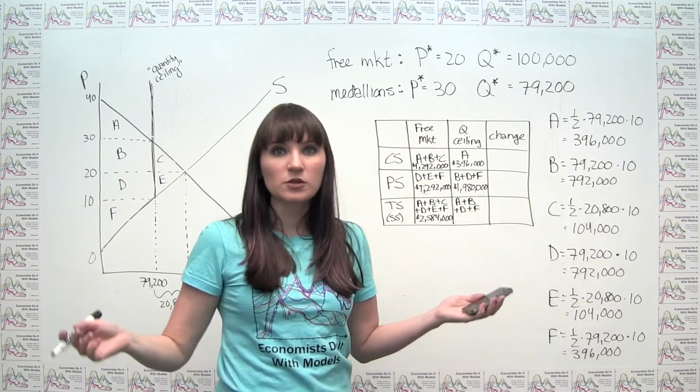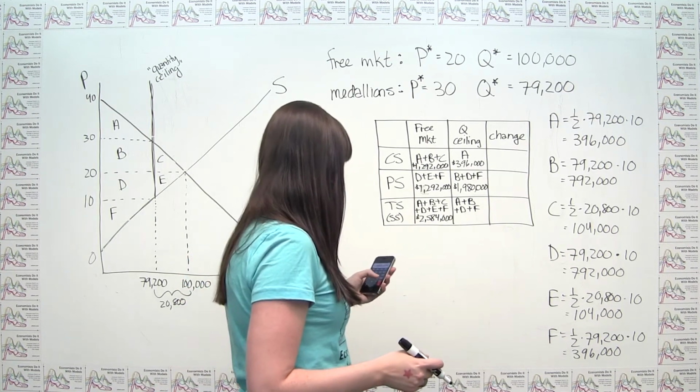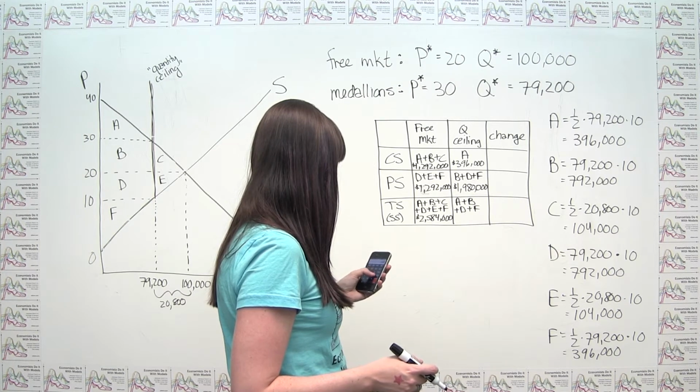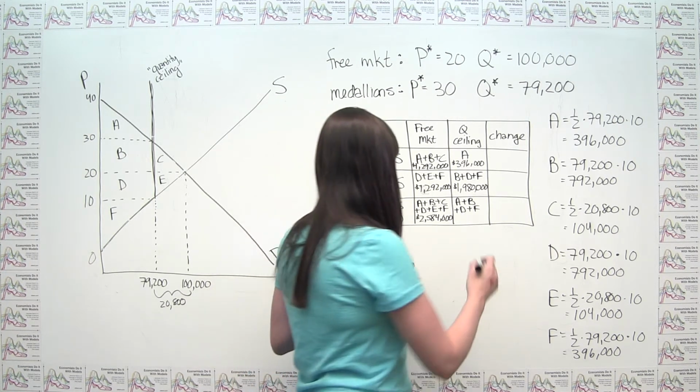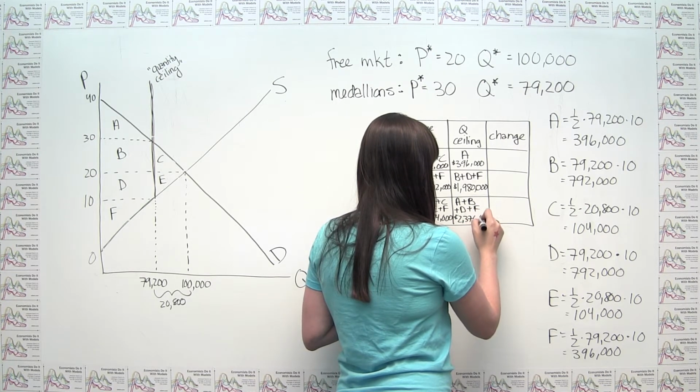So producers do really well under this system, for a total of 2,376,000.